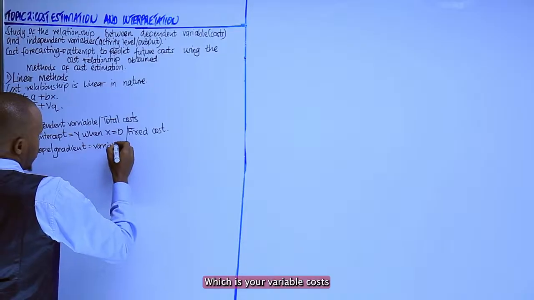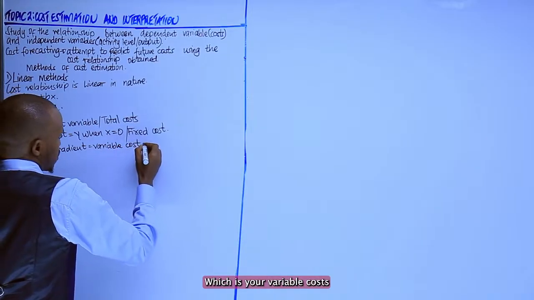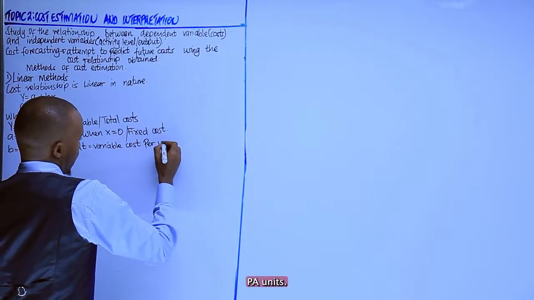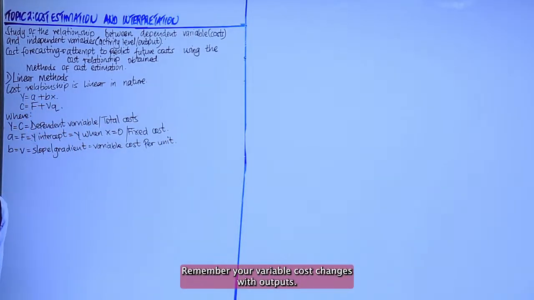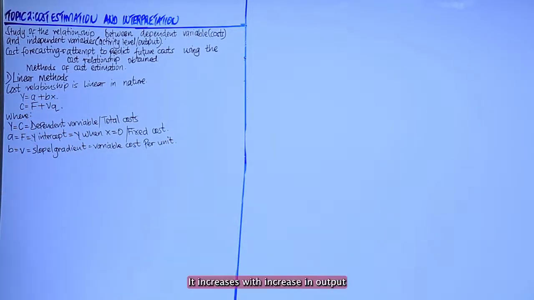The slope or gradient also means that it is your variable cost per unit. Remember, your variable cost changes with output. It increases with increase in output and decreases with decrease in output.